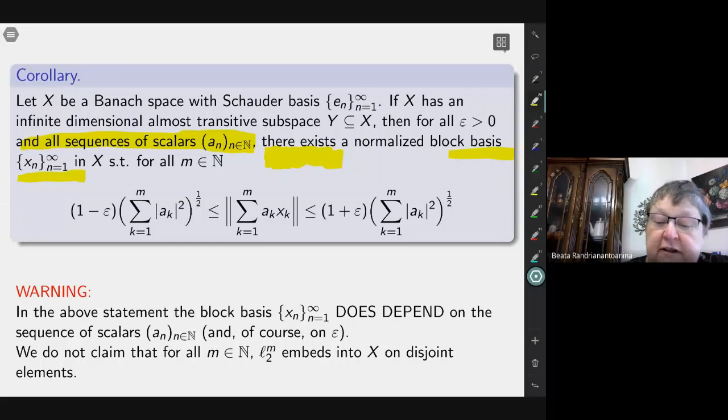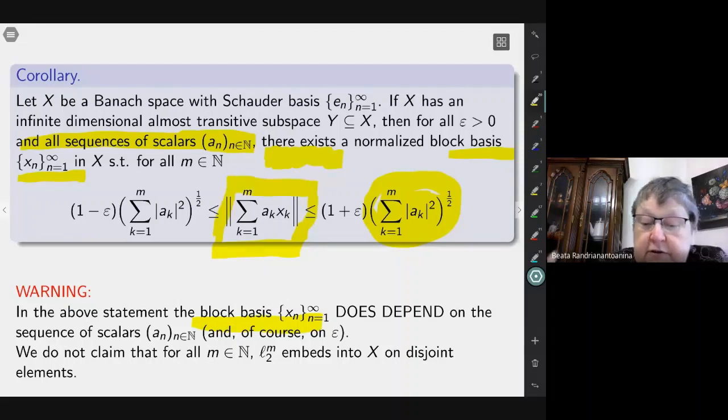So here is the L2 norm of my pre-selected sequence, and here is the norm in the space. This block basis does depend on which sequence of scalars we choose, but for that sequence of scalars, the formula for this norm is L2, with some small perturbation, which can be as small as we want.